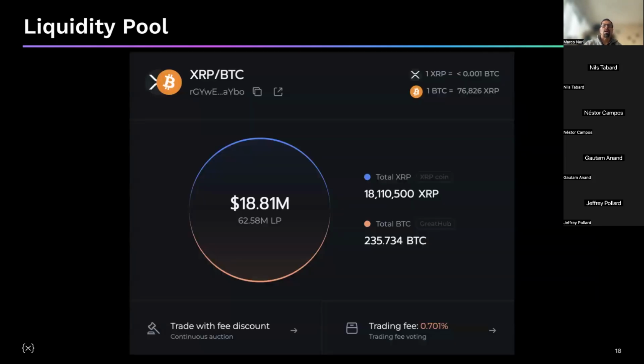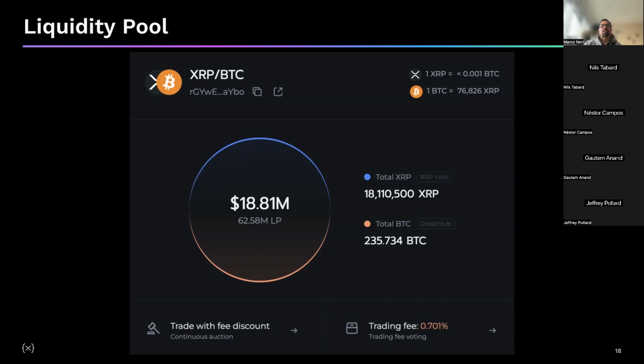So you can see how it looks from the user perspective. Essentially, for example, a pool of XRP BTC. That means that some liquidity providers put both XRP and BTC so that people can trade. And in this case, there's a trading fee, and that trading fee will be collected by the liquidity providers, LPs.